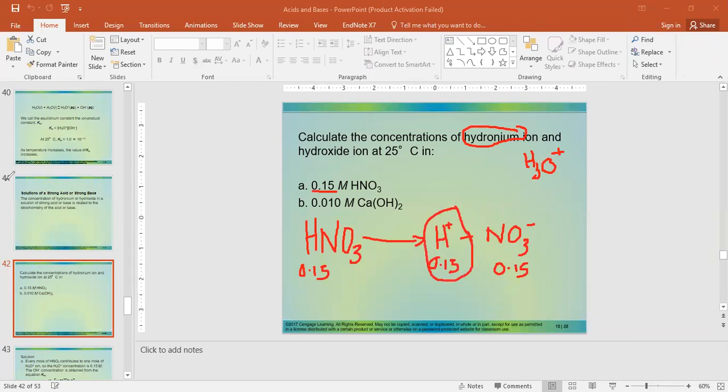And why am I saying so? For this nitric acid to be aqueous, actually what we have is HNO3 plus water.